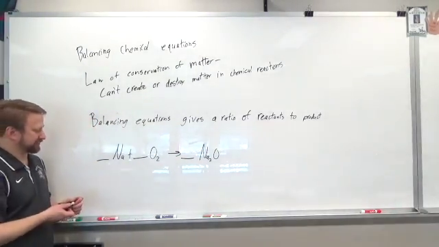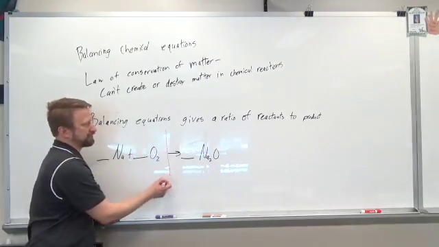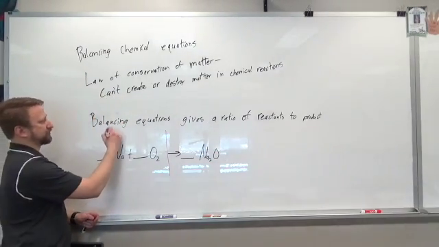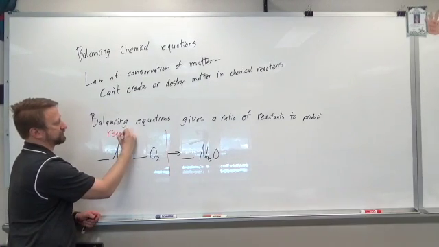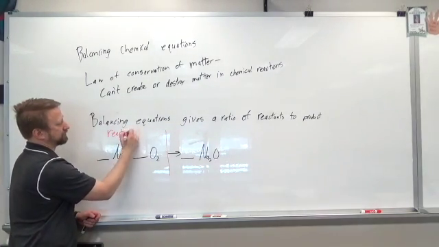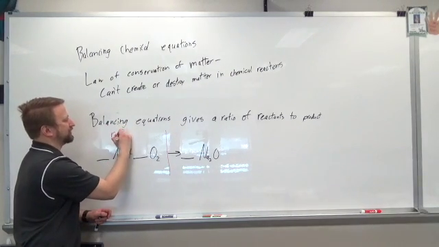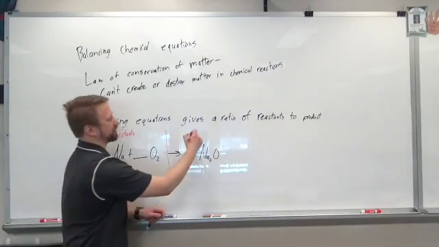We're going to have to balance this, but our first thing I want to look for and define is our reactants and products. So over here, we have reactants. And over here we have product.